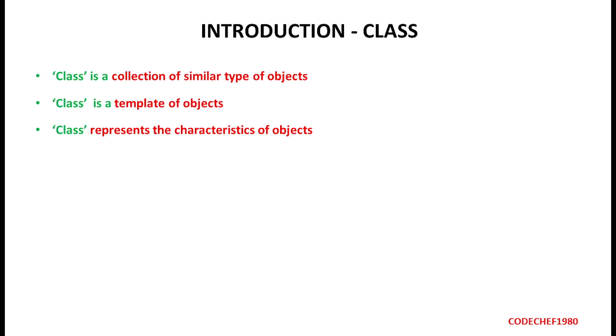Then the class consists of the characteristics, and how those could be represented. Here you can see I gave a statement like characteristics of objects. As I listed, the student can have a register number, department, and so on. Those are attributes. And for processing those attributes we want to have operations for those objects.